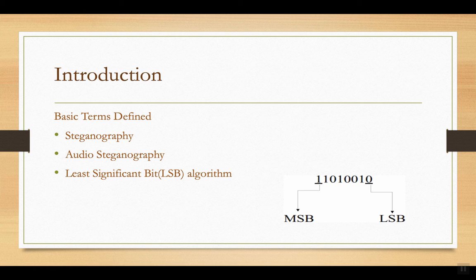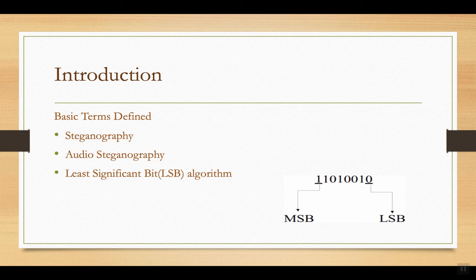With cryptography, it is obvious that a message has been sent, but the contents of the message are scrambled. With steganography, the casual observer would not even know that a message has been sent. There are various types of steganography like image steganography, video steganography, audio steganography.